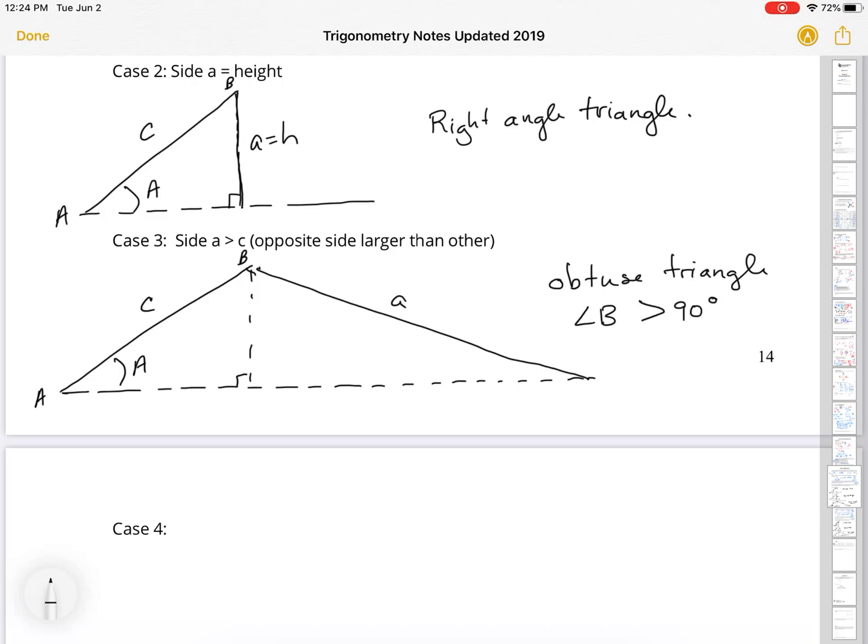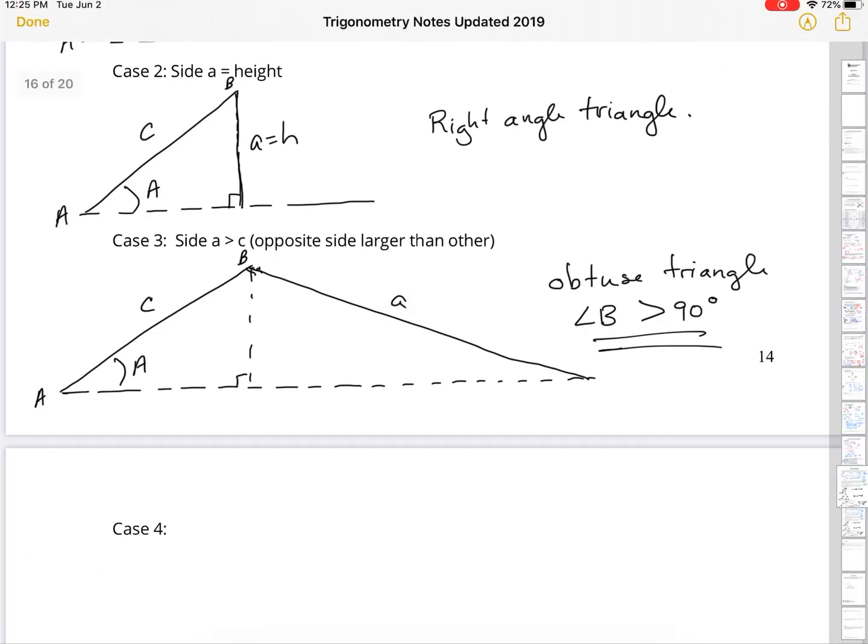Angle B will be greater than 90 degrees, okay? Because it's got to be wide enough to allow that triangle to happen. Again, we get this from A, C, and A being given to us.